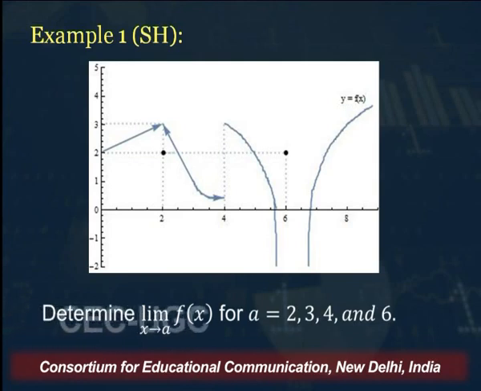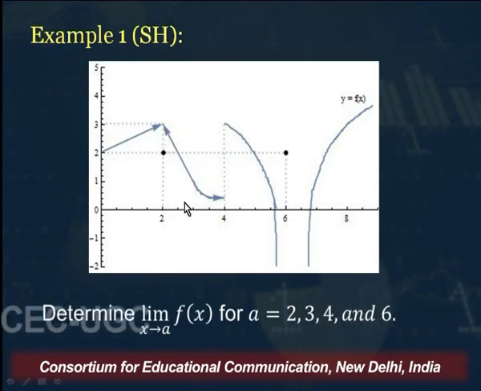Now notice there is a slight twist here, which is going to take us to the next topic, continuity. I won't get into the details, but the value of the function at x equal to 2 is not 3, it's actually 2. But the limiting value is 3.